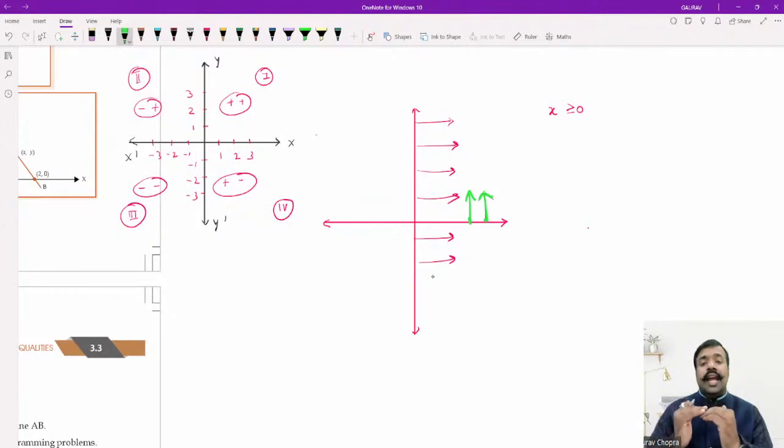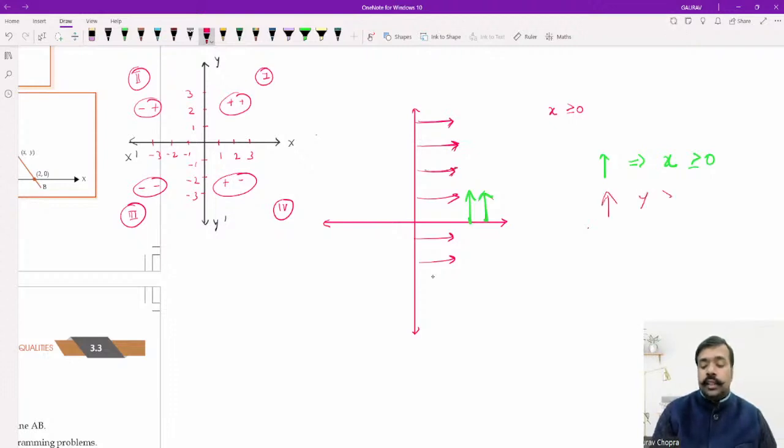This green portion is basically x ≥ 0, and this red portion says y ≥ 0. Whenever we have to use both, whether it is x ≥ 0 or y ≥ 0, we have to mark in this way.